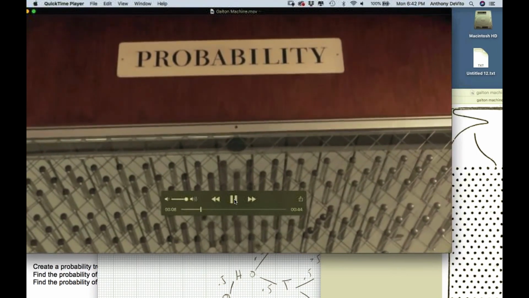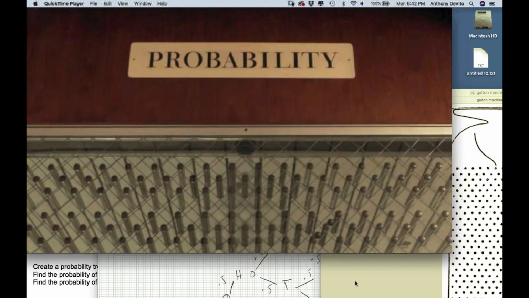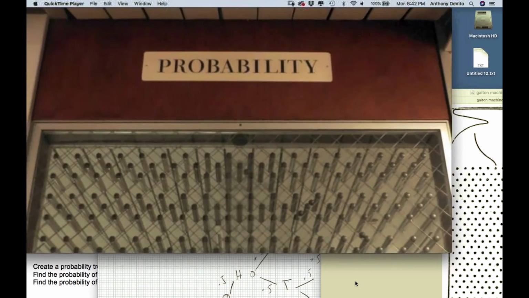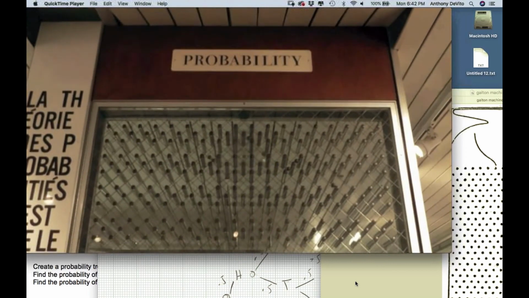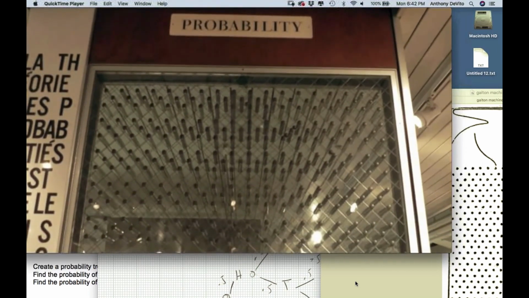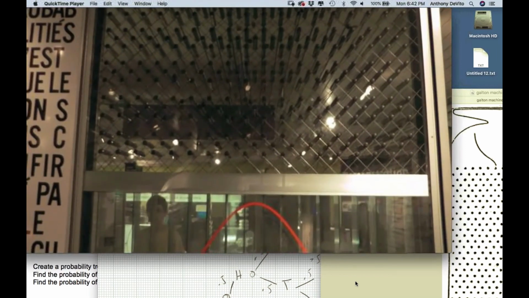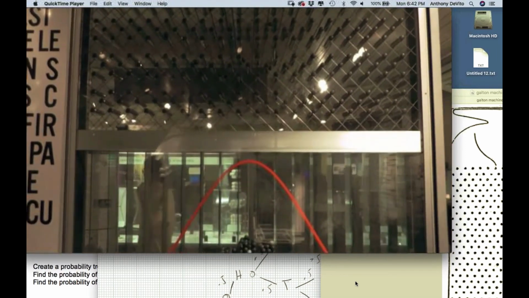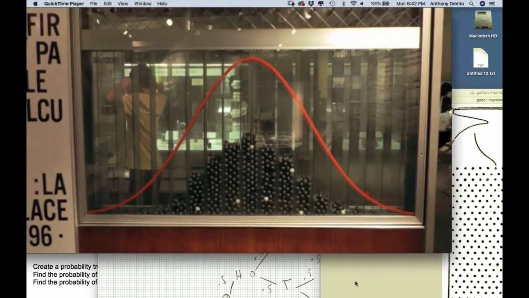And there are the balls dropping in the top and bouncing around. See, each one of them can go either direction. And what do you think's happening down at the bottom? Let's take a look at what the outcome is. There you go. Pretty interesting, right?